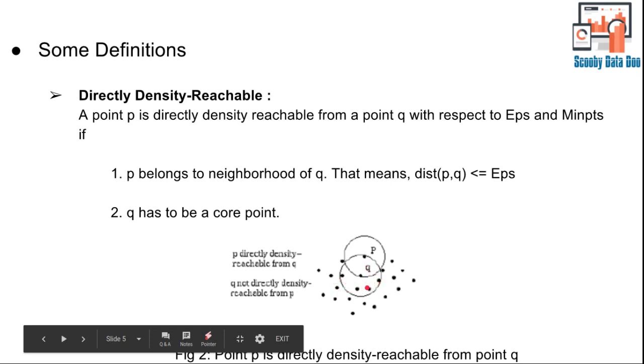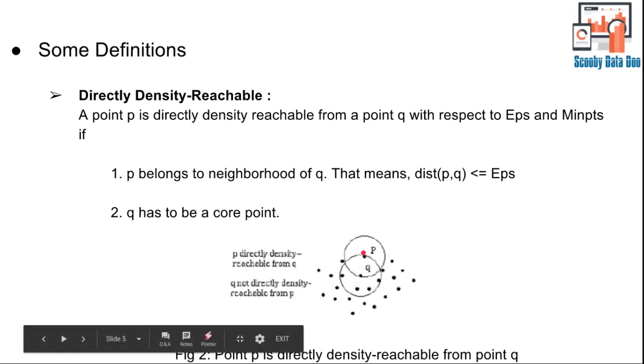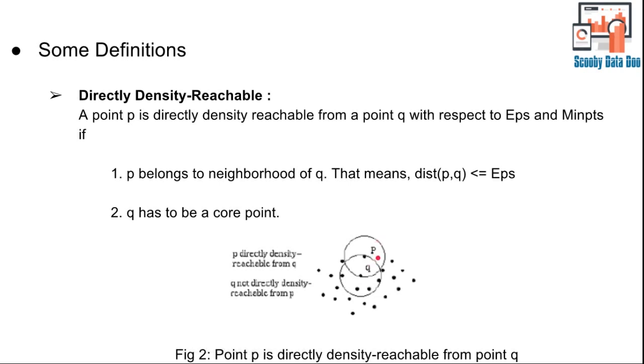Let's imagine our min PTS in this algorithm is 3, so Q is a core point, but clearly P is not. So P is directly density reachable from Q, but Q is not directly density reachable from P because P is not a core point here. I think the concept is pretty much clear now.